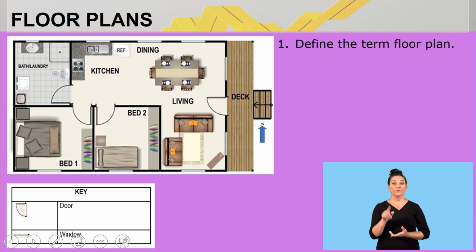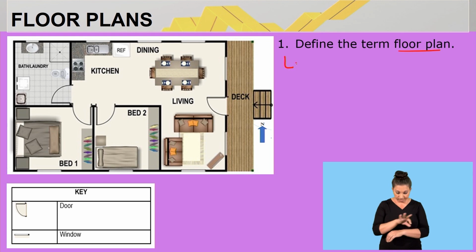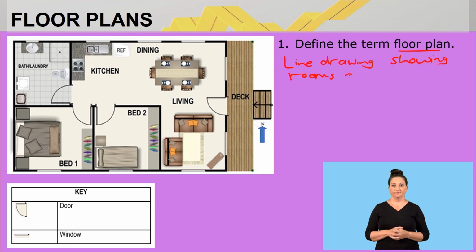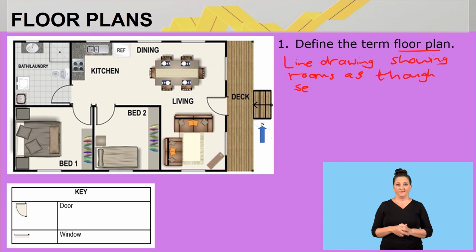So the first question says, define the term floor plan. Remember we said when we opened that a floor plan is basically a line drawing showing rooms as though seen from above.